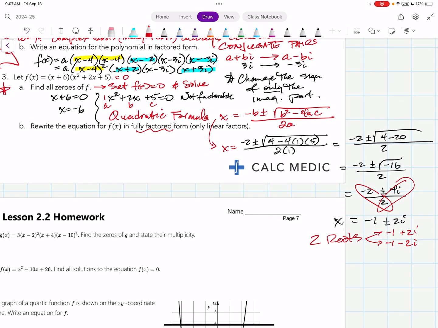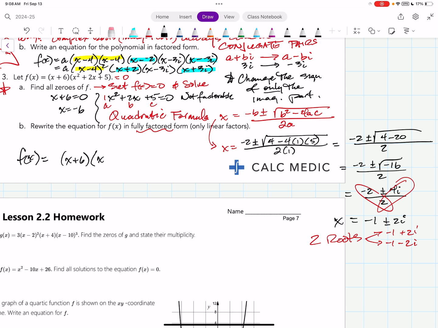Although your roots look like binomials, so it's a little bit more complicated. So here we go. So f of x is equal to x plus 6, that's already factored. You just have to factor your trinomial, okay?